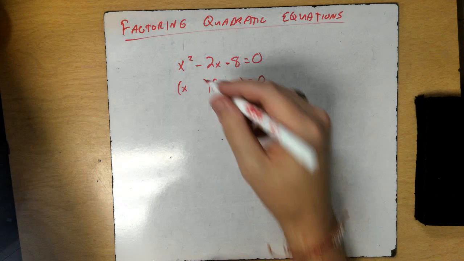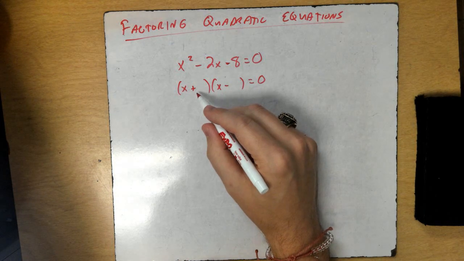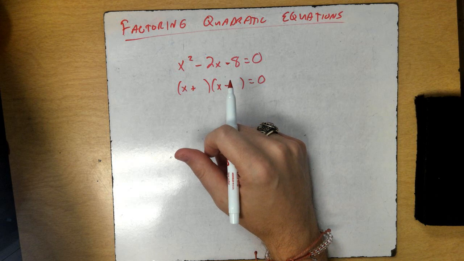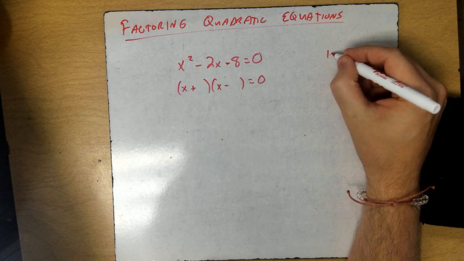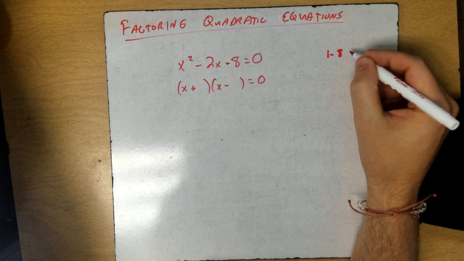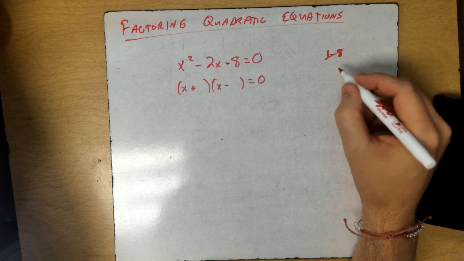So we know we're going to have a plus and a minus in our parentheses because we have to multiply positive and negative to get a negative 8. So two numbers multiply to 8, well, we have 1 and 8. But when we subtract 1 and 8, do we get 2? No, so we can't do that.